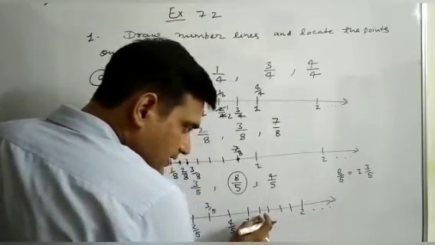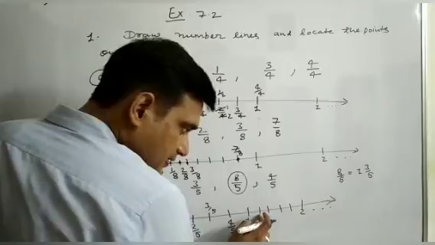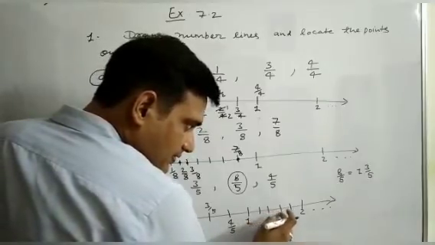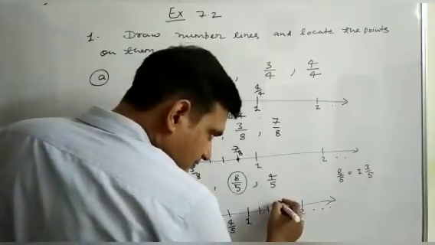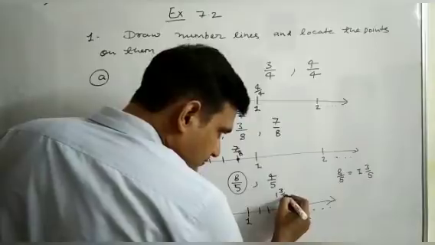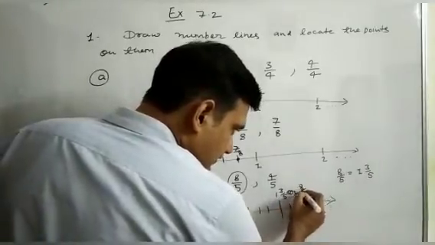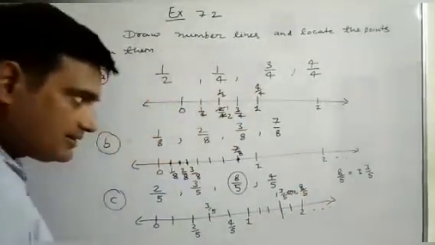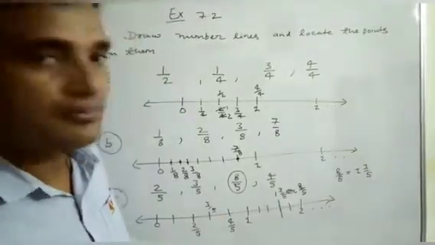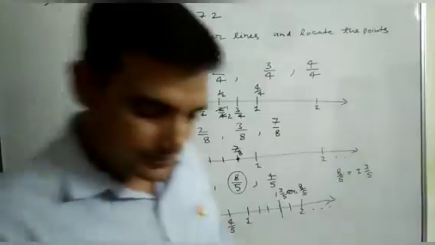Now this represents 1 whole number 1 upon 5, 1 whole number 2 upon 5, 1 whole number 3 upon 5. This part represents 1 whole number 3 upon 5 or 8 upon 5. Understand? In this way we represent the fraction on the number line.